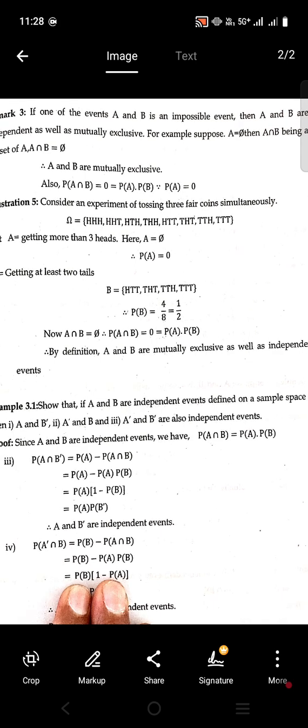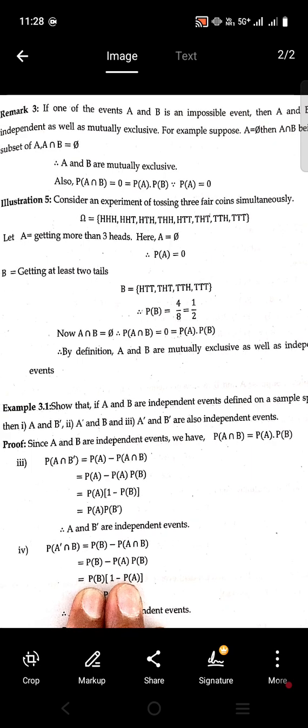Therefore there is no favorable outcome in the sample space, so A equals the empty set, and therefore the probability of A equals 0.